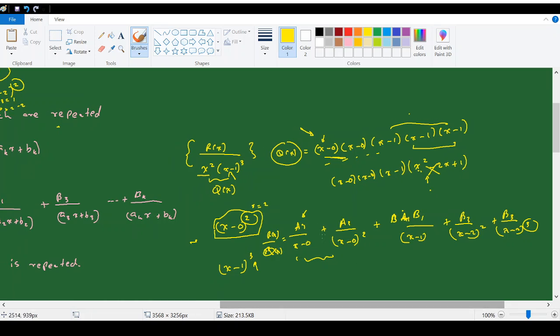And now let's say, for example, in addition to these two things, what if we have something like (x - 2) times (x + 4)? That means, what if the factorization of Q(x) is linear in this way, right?